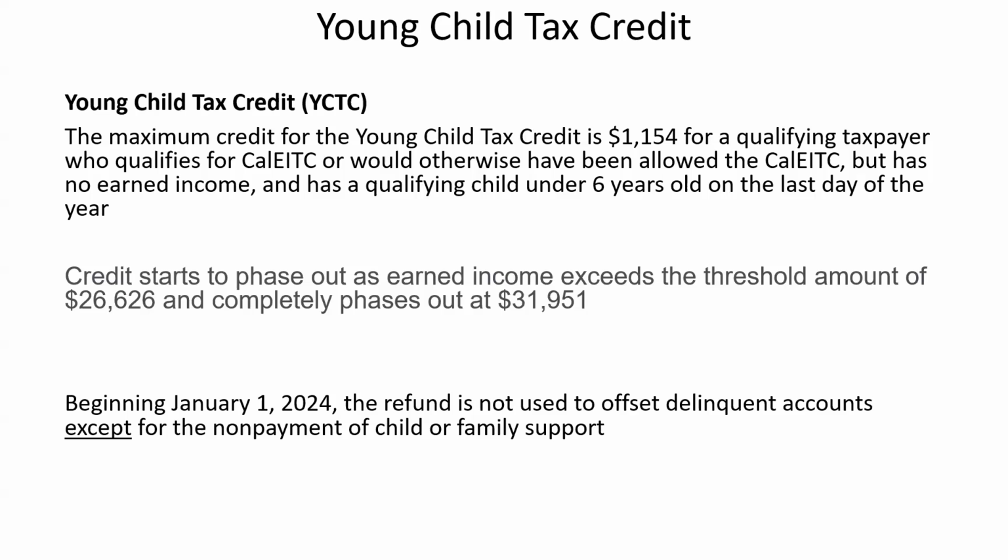So if you've got a kid under 6 on the last day of the year, and your client meets other requirements, then they're going to be eligible for this young child tax credit. But again, there are certain income limitations. When someone is earning a salary of maybe $55,000 or $60,000 a year, there are certain credits they are not going to be eligible for.